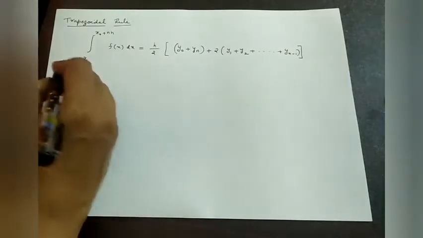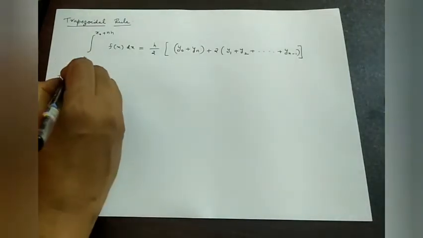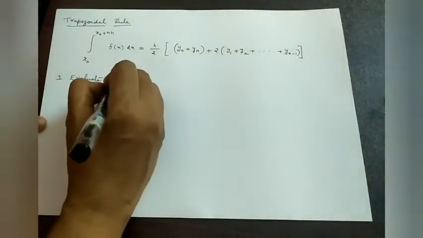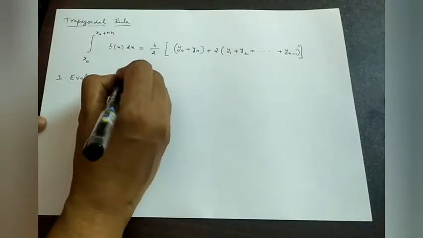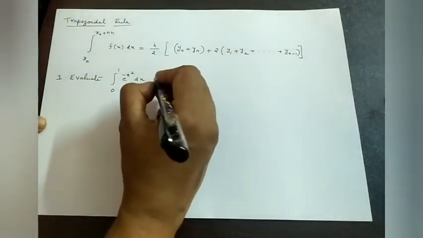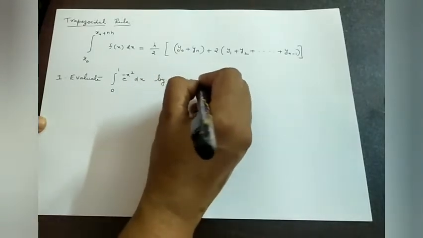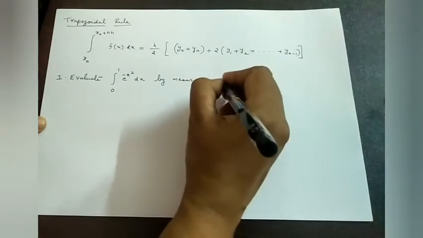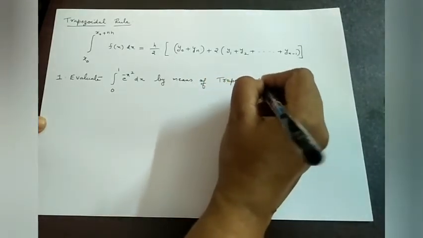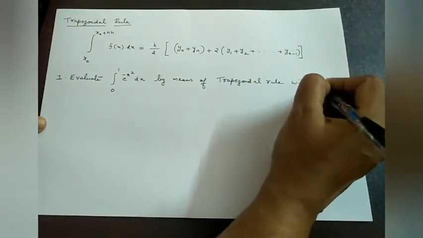Next we have a problem. Evaluate the integral from 0 to 1 of e raised to minus x square dx by means of the trapezoidal rule with n equal to 10.